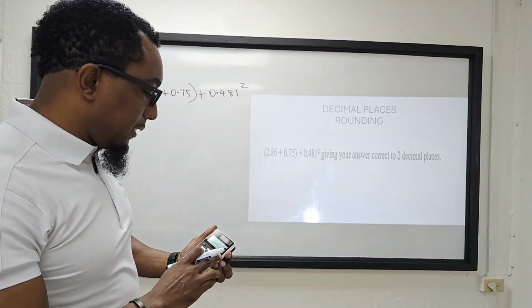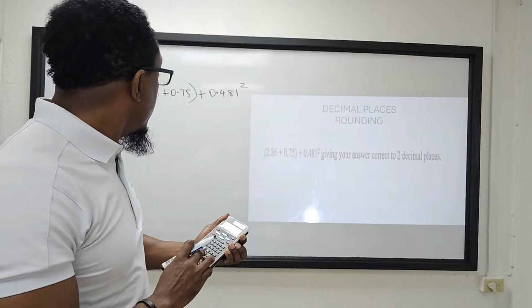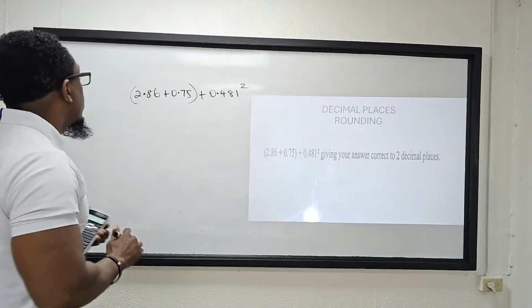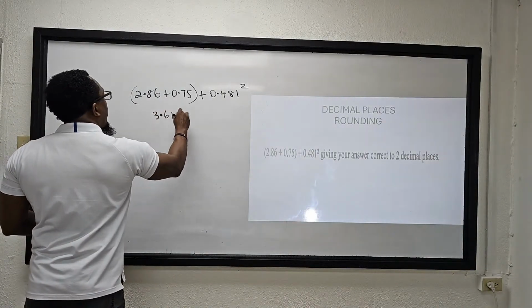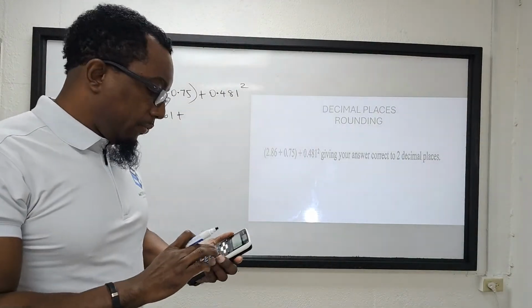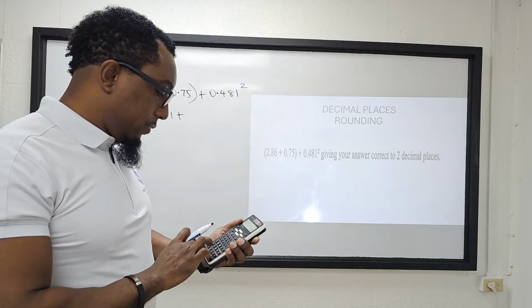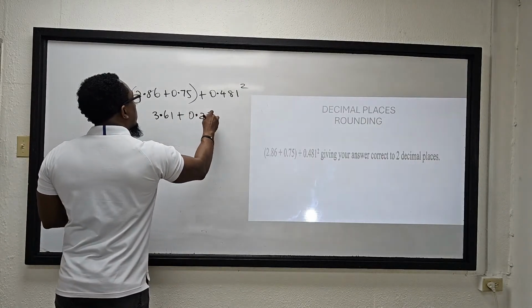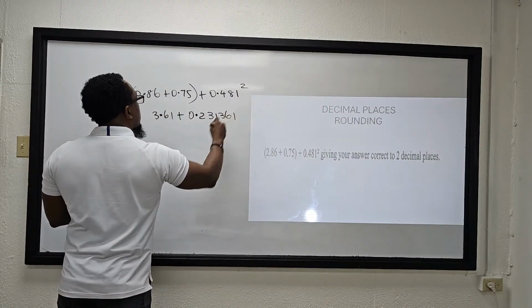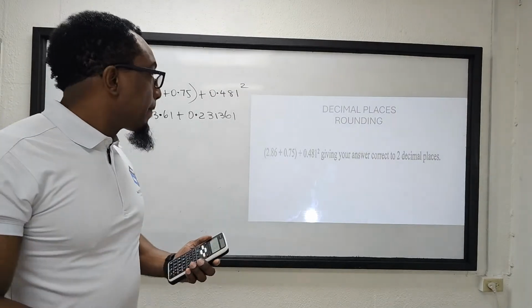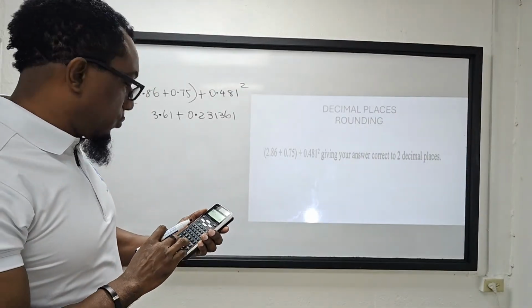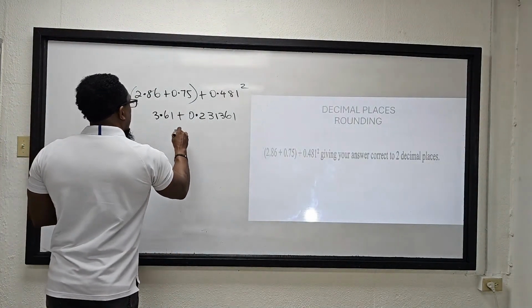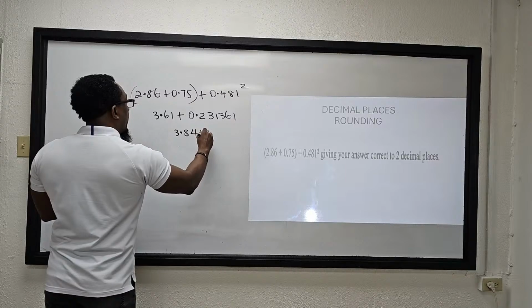So let's work out what is in brackets first. 2.86 plus 0.75 will give us 3.61, plus 0.481 by 0.481 will give us 0.231361. Yeah? And now let's add those two. 0.231361 plus 3.61 will give us 3.841361.